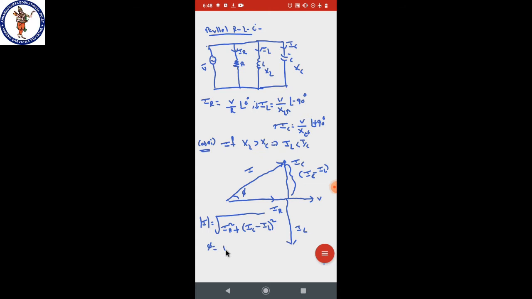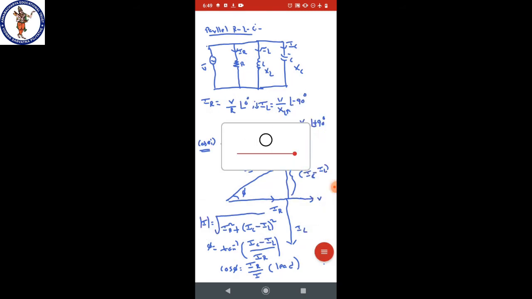Now what is angle phi? Angle phi equal to tan inverse of IC minus IL by IR. What is cos phi, the power factor? Cos phi equal to IR by I, leading. It is a leading power factor because the capacitive current is more than the inductive current.